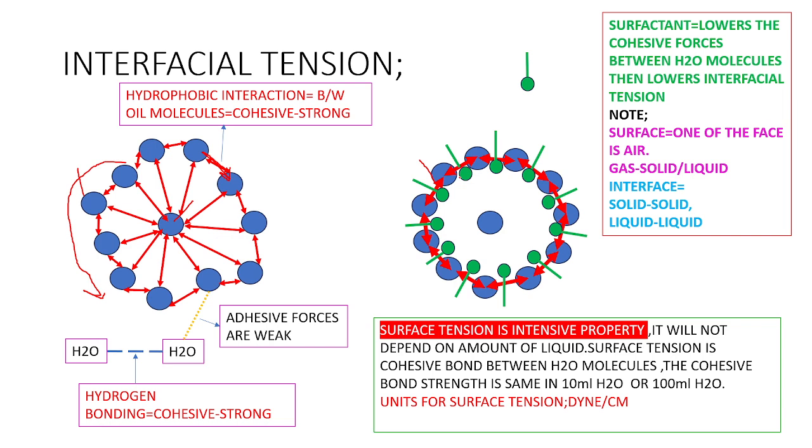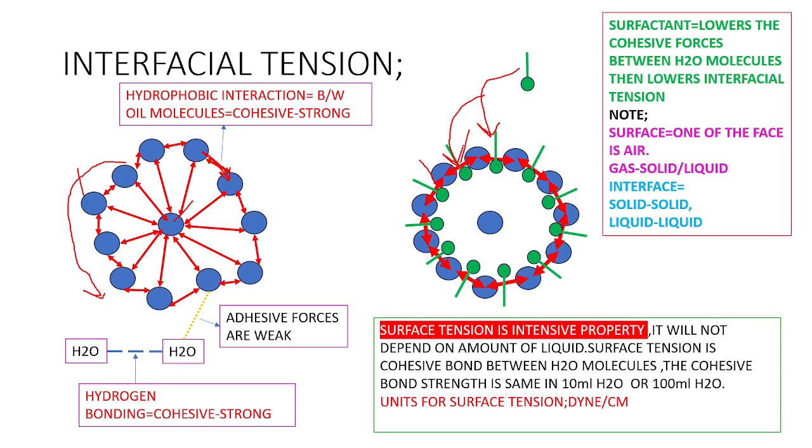Now, reduction of interfacial tension: if we have added surfactant, the surfactant will break the strong intermolecular forces present between the two interface molecules. Interfacial tension reduction means the strong bond between the two interface molecules is broken by the addition of surfactants.